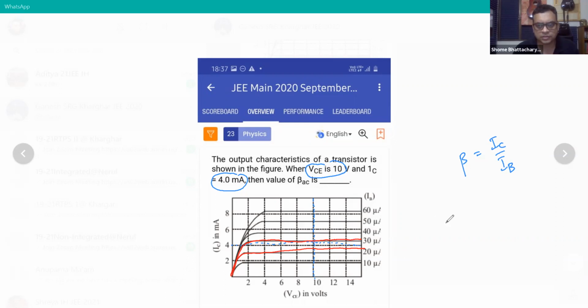So the base current is greater than 20 microamperes but less than 30 microamperes. So beta accordingly should be greater than 4 into 10 raised to minus 3 divided by 30 and less than this.